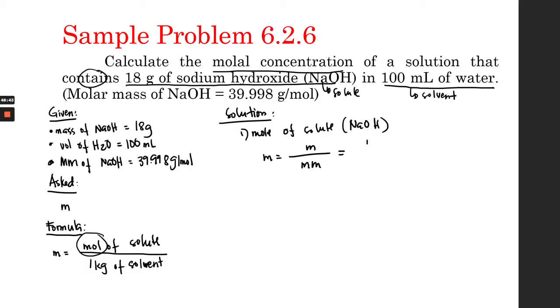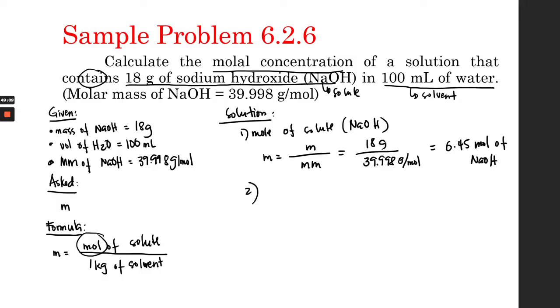So we have 18 grams of NaOH divided by 39.998 grams per mole, which is the molecular mass of our NaOH, and that is actually equal to 0.45 moles of NaOH. But we're not done yet.